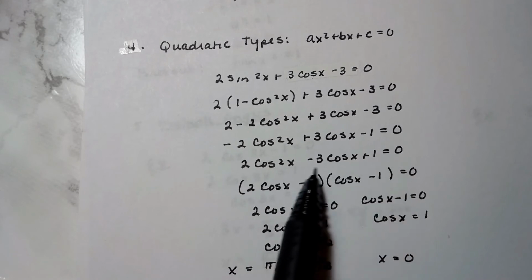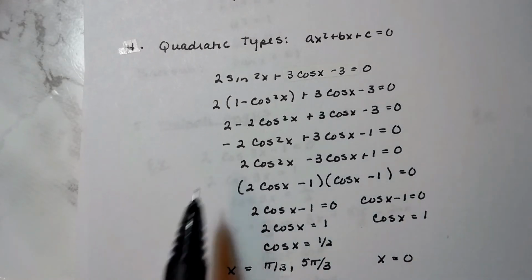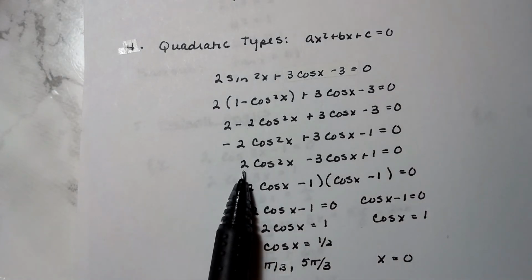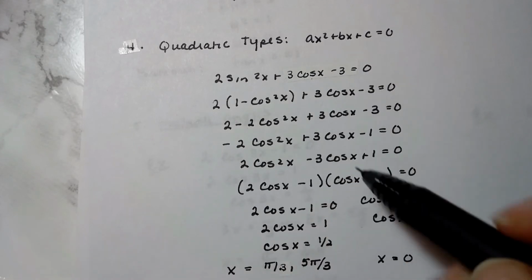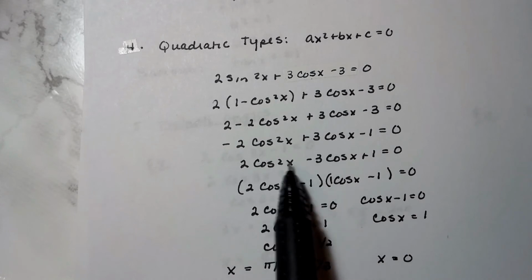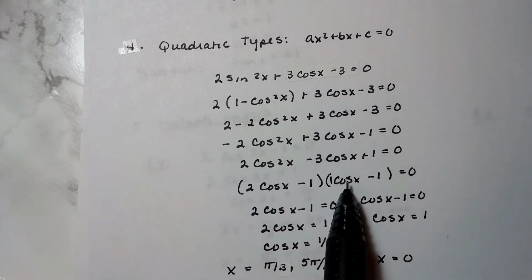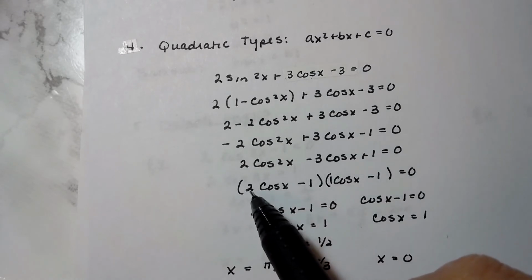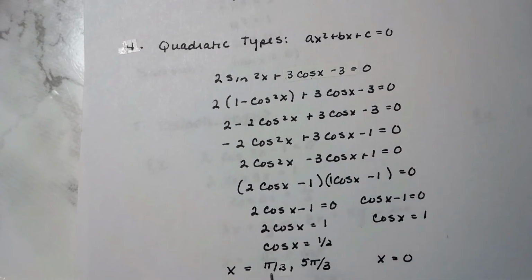Once I have this, now I can go ahead and factor. I don't even think there's a name for the method. We used to call it trial and error. But what we do is we take the factors of this leading coefficient here, so 2 and 1, so we don't write the 1 there, but 2 times 1, and we put a cosine x here and a cosine x here, and then we find the factors of 1 such that when combined with this coefficient 2, when we add or subtract we get a negative 3.